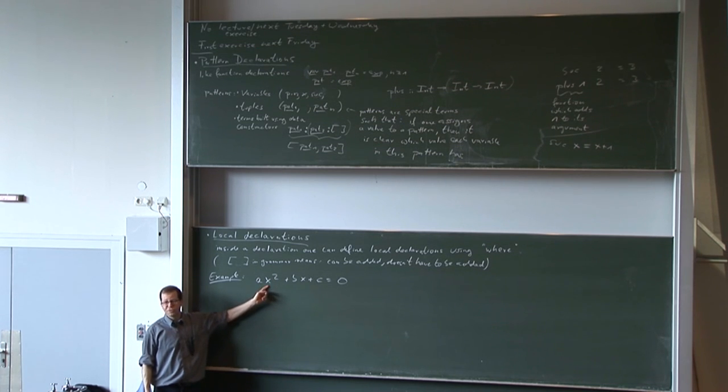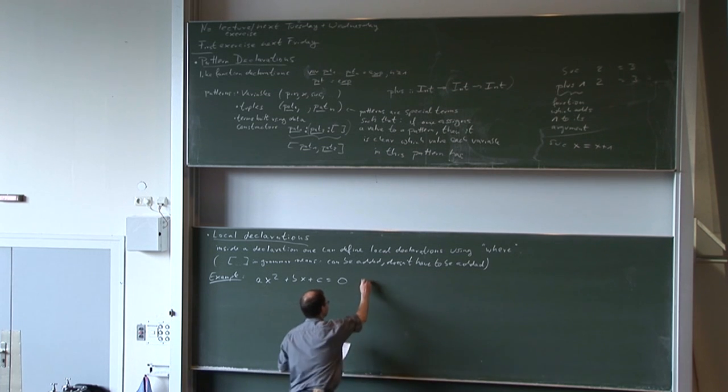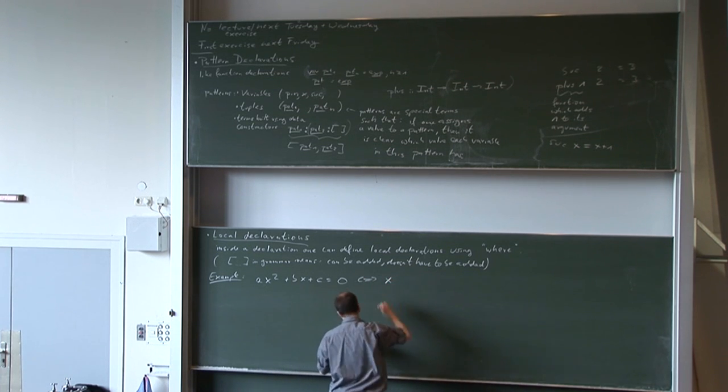Now, how to do this, you hopefully learned at high school, because this is typically what high school students have to learn. There's a formula which you can learn by heart, or you can easily find out how this formula looks. I will tell you. I hope this looks very familiar to you.